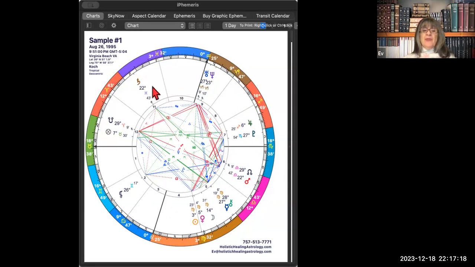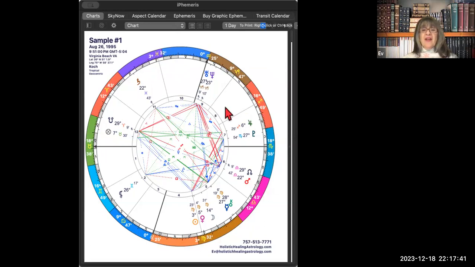If you were observing, you see that 1, 2, 3, 4, 5, 6, 7, 8, 9, 10, 11, 12 signs are in this chart.